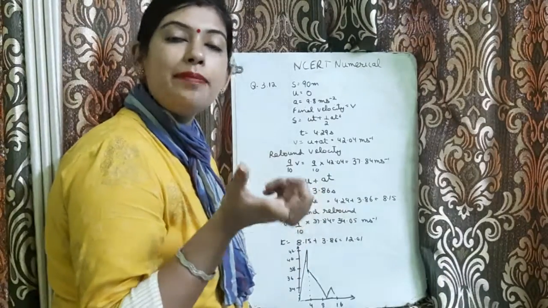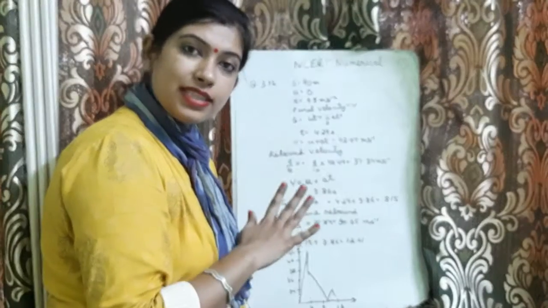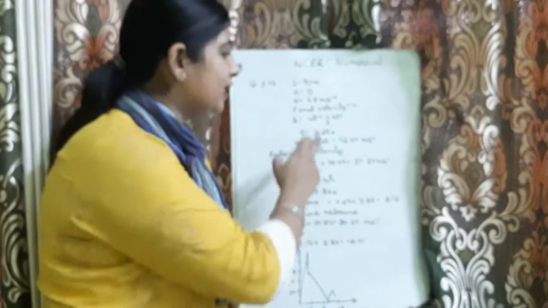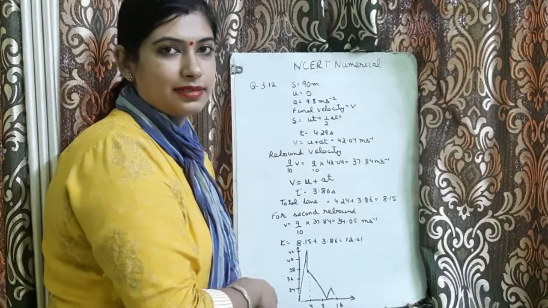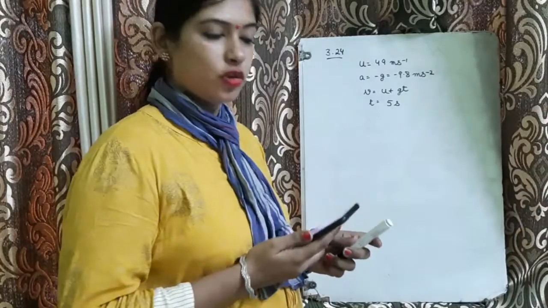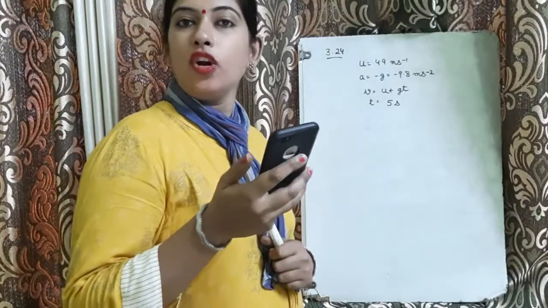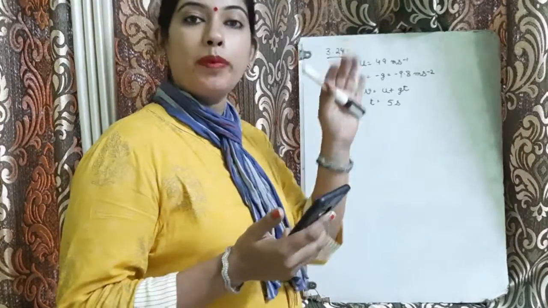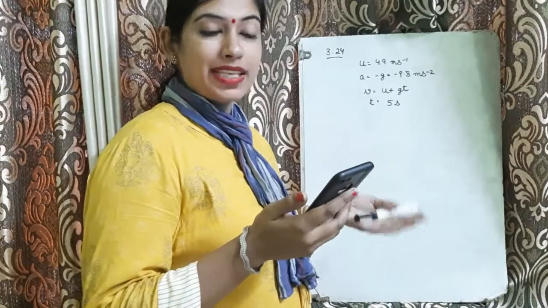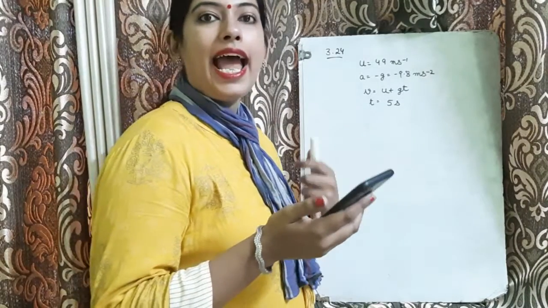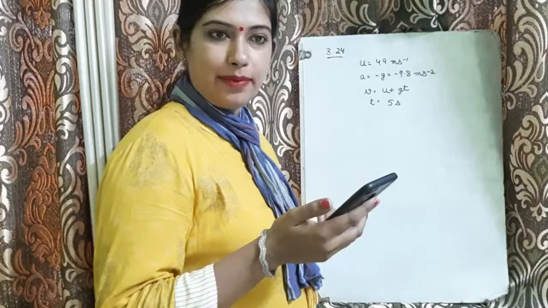If you have any problem in this graph or while plotting these terms in this graph, you can ask in the class. Now in the next question, a boy is standing on a stationary lift which is open from above. He throws a ball upward with the maximum speed he can, and that speed is 49 meter per second.